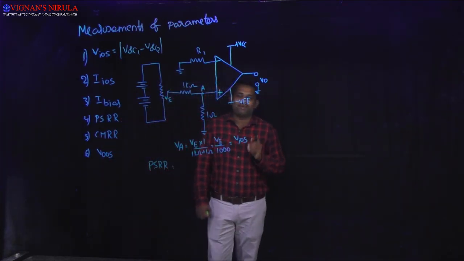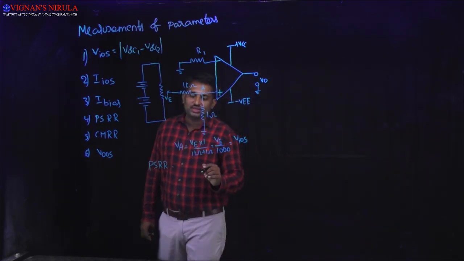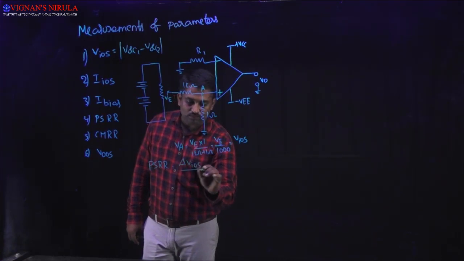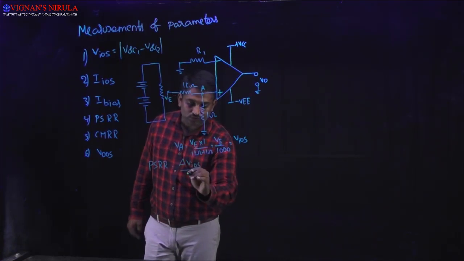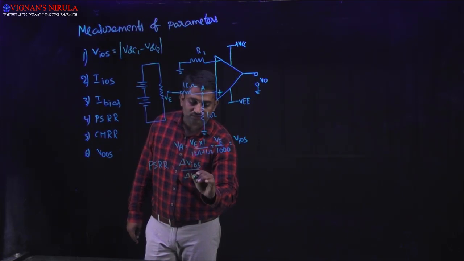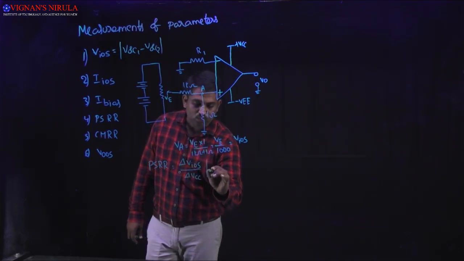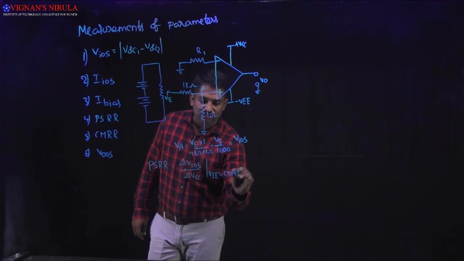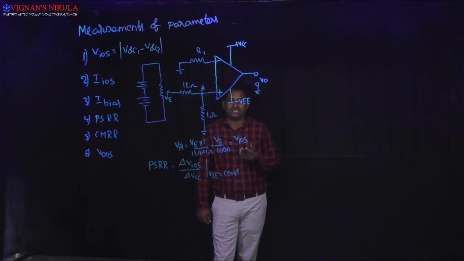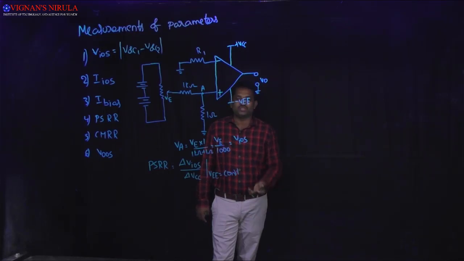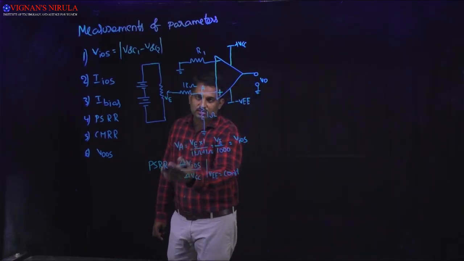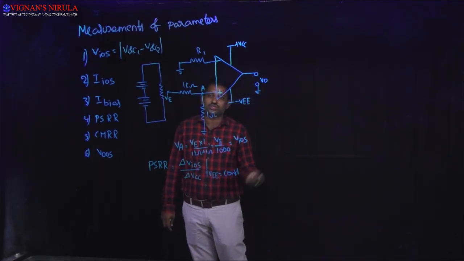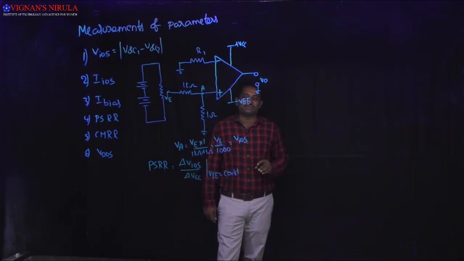PSRR is power supply rejection ratio, which is the ratio of change in input offset voltage with respect to the rate of change of one of the supply voltages while keeping the other supply voltage constant. That is, delta VIOS divided by delta VCC, keeping VEE constant. It is also called power supply sensitivity.